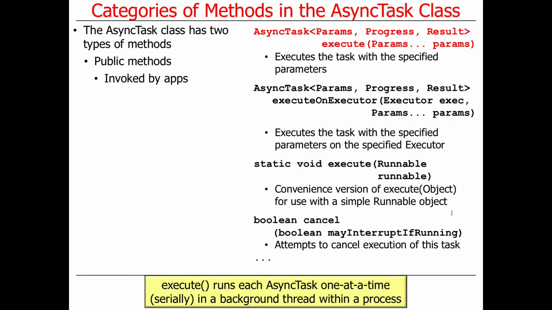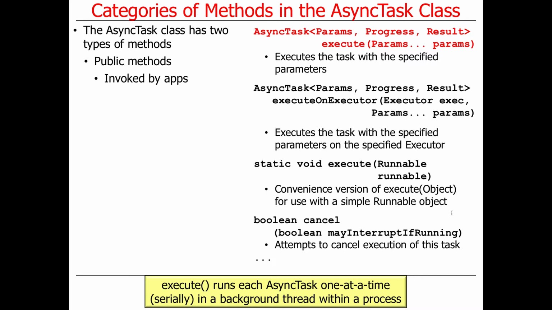And here they are. The execute method is used to execute an async task instance with the specified parameters, which, as you can see, are what are called var_arg parameters. You can have multiple parameters or just one. And what async task does when you call execute is it runs the async task.